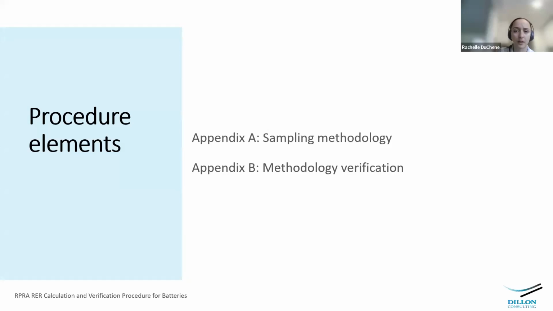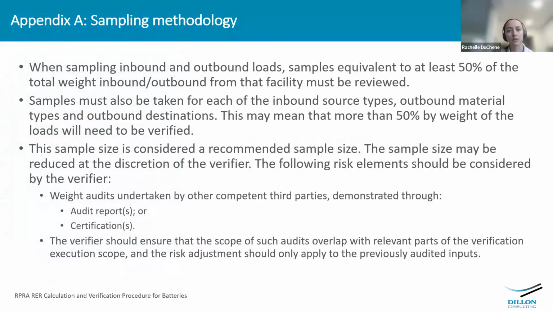The last two points we're going to talk about here are Appendix A, the sampling methodology, and Appendix B, the methodology verification. Appendix A gives a bit of guidance as to what size sample to do. We're recommending that at least 50% of your total inbound and outbound loads from the facility be your sample size.